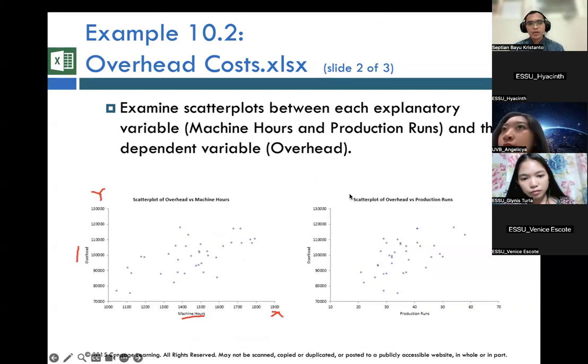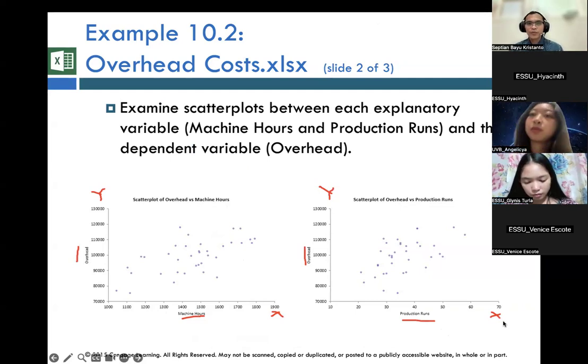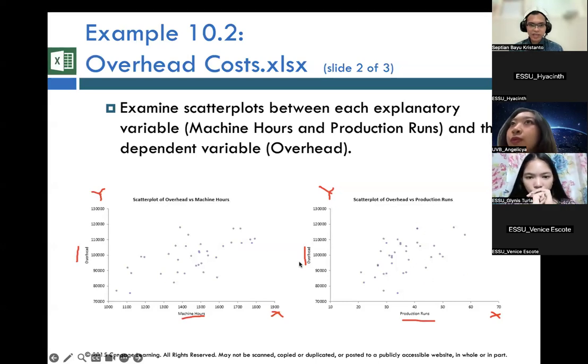Similarly, we have the overhead here on the y-axis and production runs on the x-axis. In this case, we can predict that we have relationships. From these plots, we can conclude that maybe they are linear relationships.